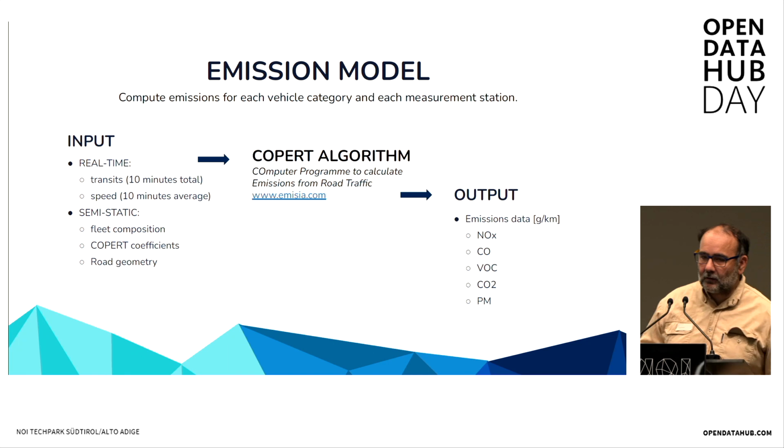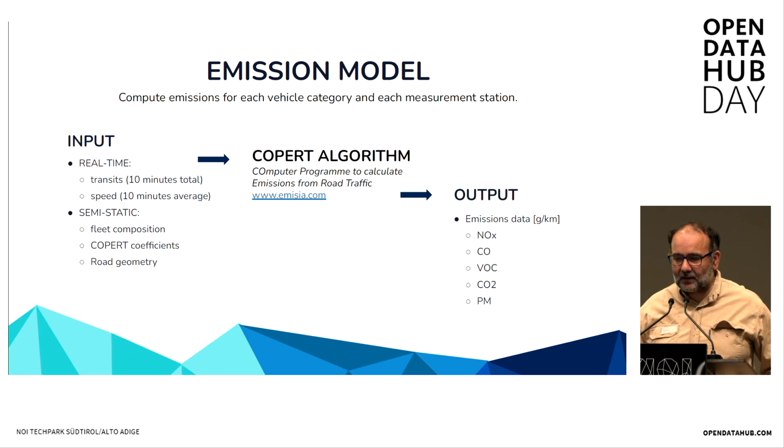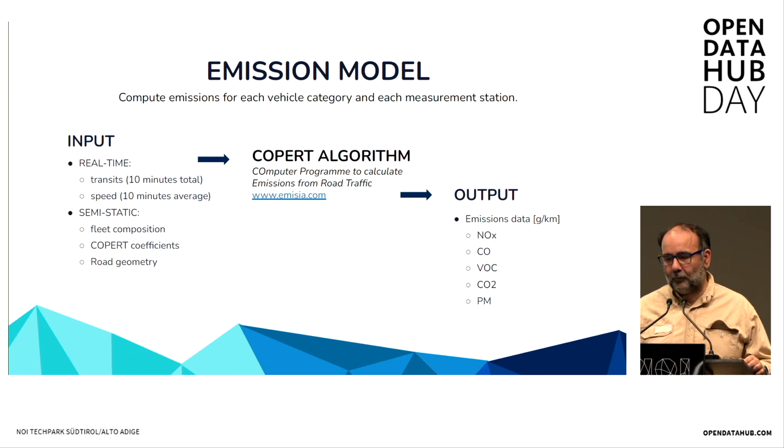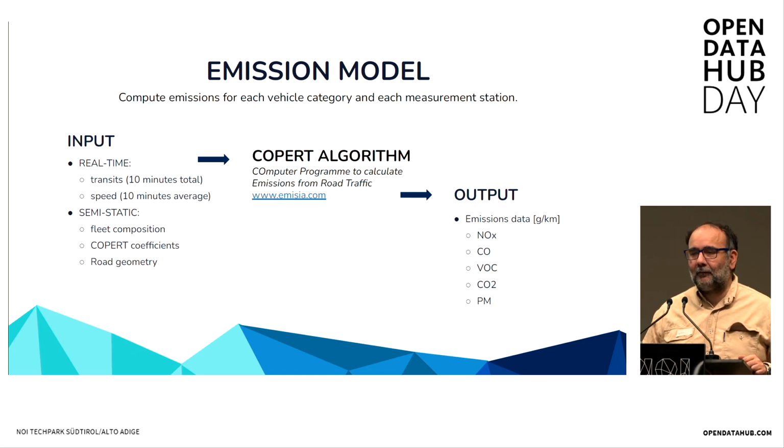Then there is a second data set, which is called a semi-static data set, namely road geometry, which is not going to change very often. Then we have the fleet composition, which is typically based on statistical data.